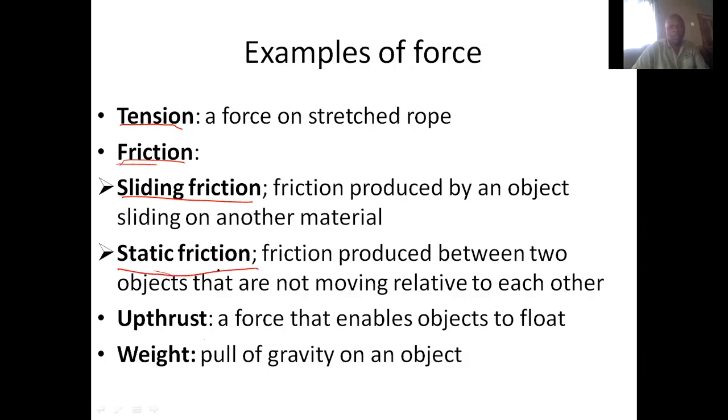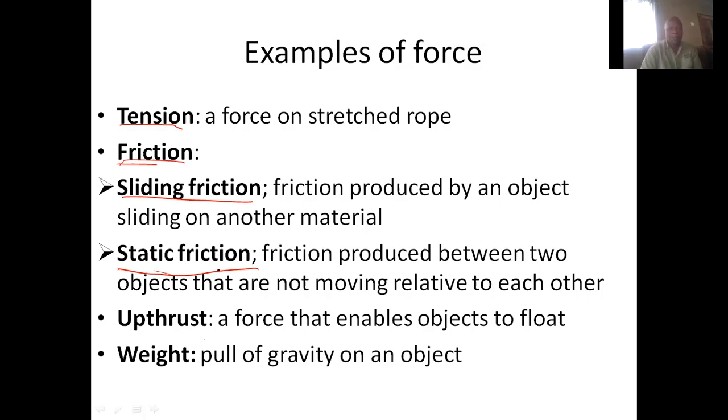Two objects which are in contact and are not moving relative to each other produce static friction. So sliding friction is for an object sliding on another material, while static friction is a type of force produced for two objects which are in contact and are not moving.